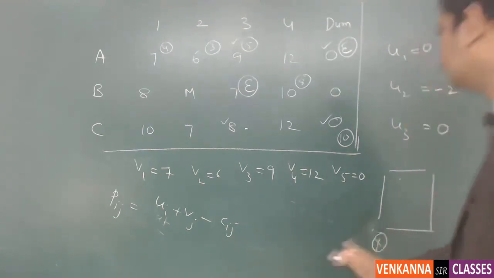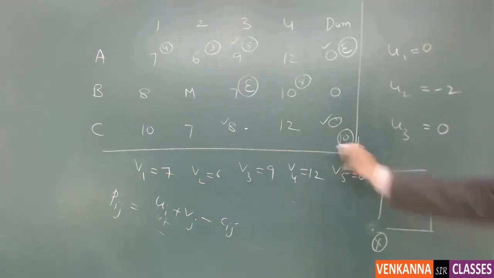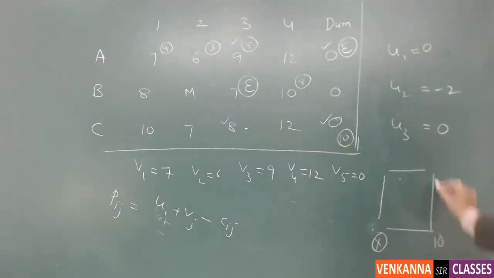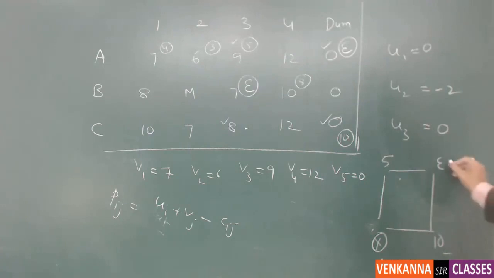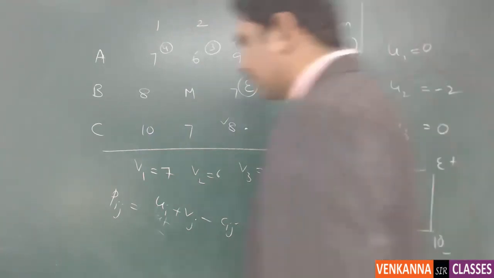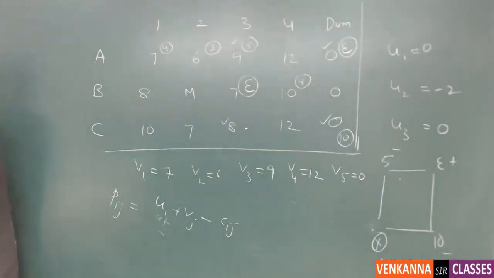This is my X mark. Here this is 0. The allocation is 10 here. Here the allocation is epsilon. Here the allocation is 5. So you give the symbols plus, minus, plus, minus. Accepted? I am not taking the cost values, I have taken the allocation values.